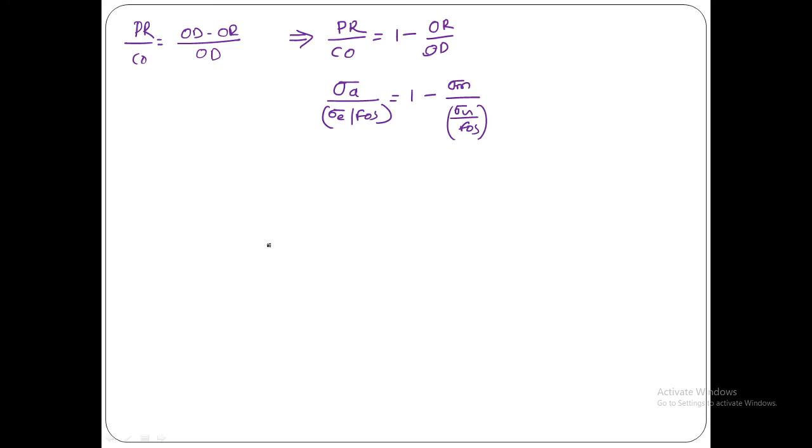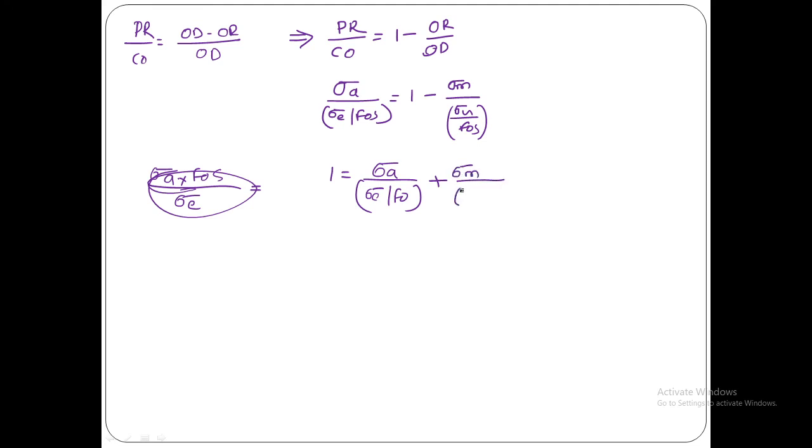So 1 equals sigma A divided by sigma E into FOS, plus sigma M divided by sigma U into FOS.